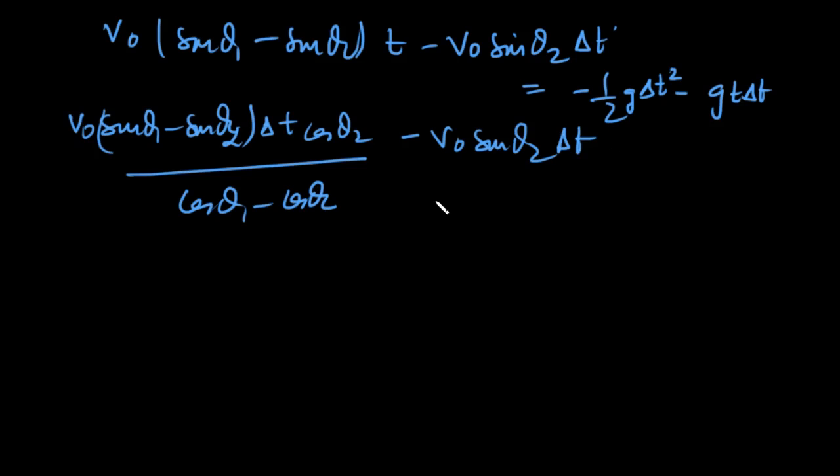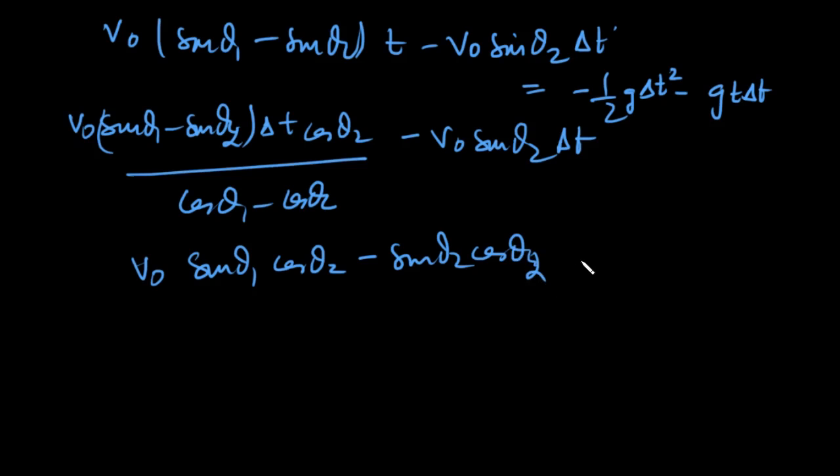Okay, so we have v naught delta t common, and sine theta 1 cos theta 2 minus sine theta 2 cos theta 2, minus sine theta 2 cos theta 1 plus sine theta 2 cos theta 2.